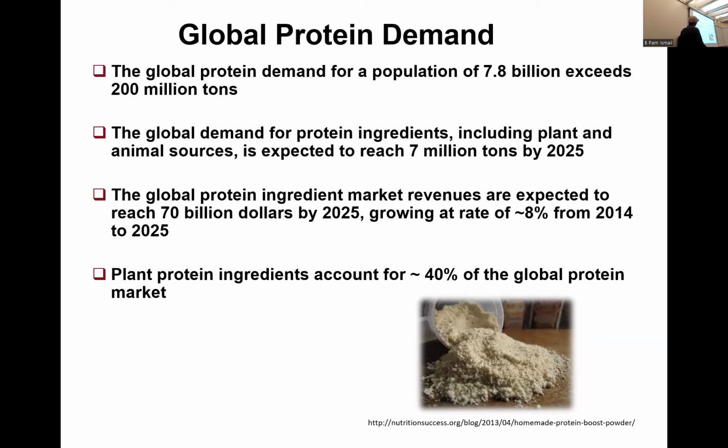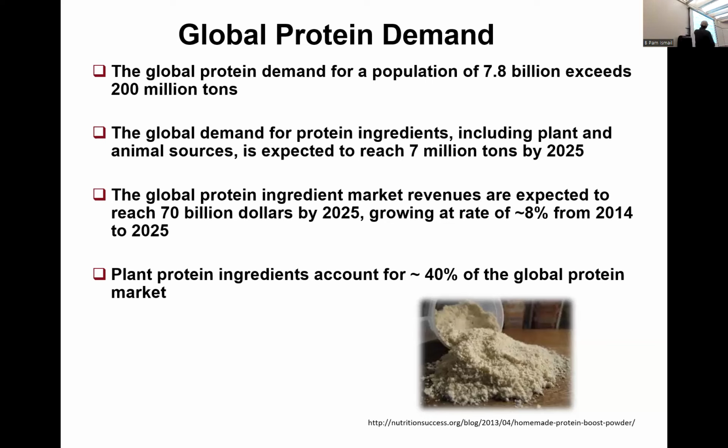So there is a global protein demand. Doesn't matter if animal or vegetable protein, there is a general demand for the growing population. We are now at 7.8 billion, and then we're going to be 10 billion in 2050. So there is this demand for more nutritious sources of food, and protein is one of those nutrients that are needed.